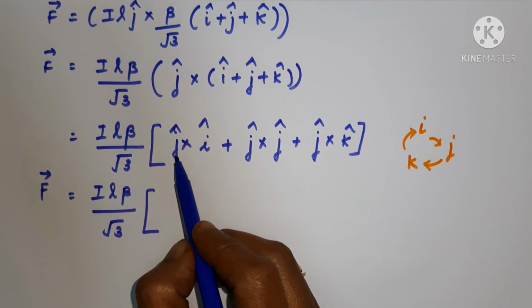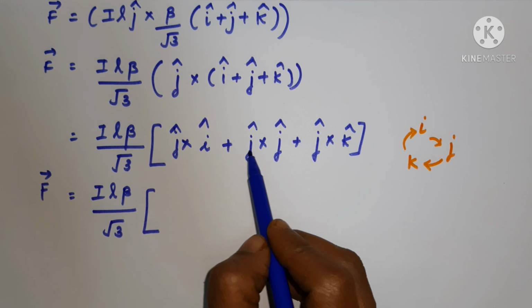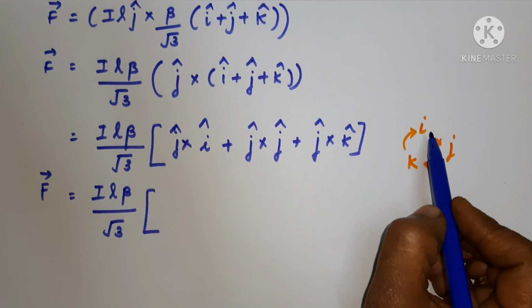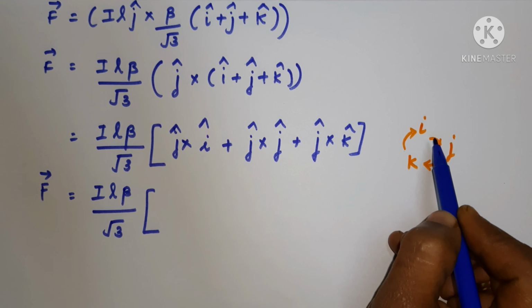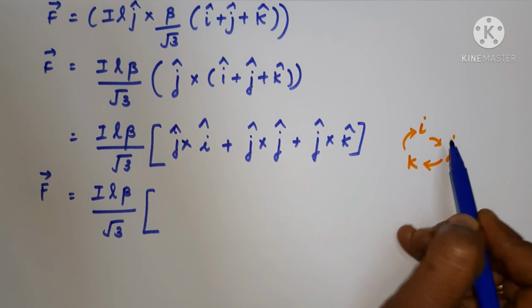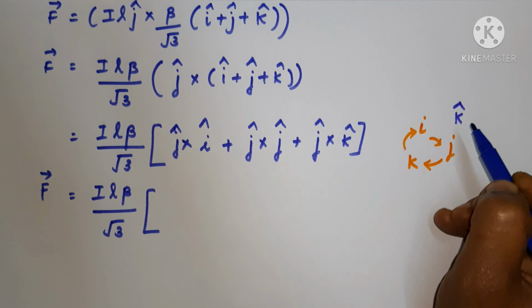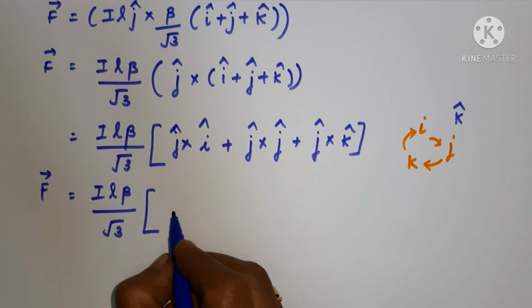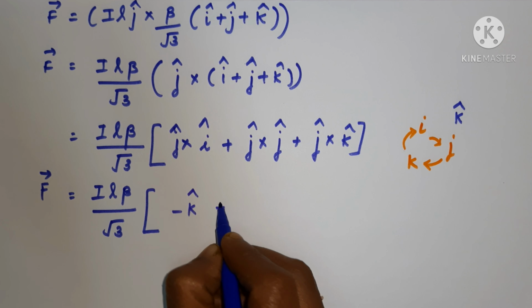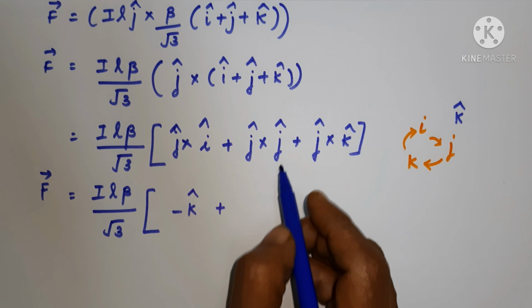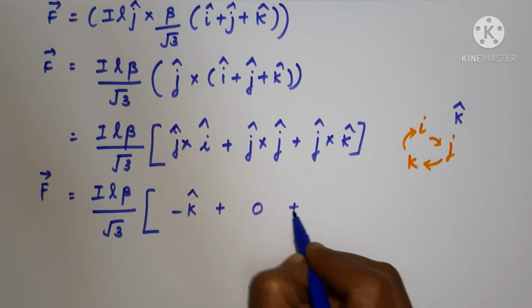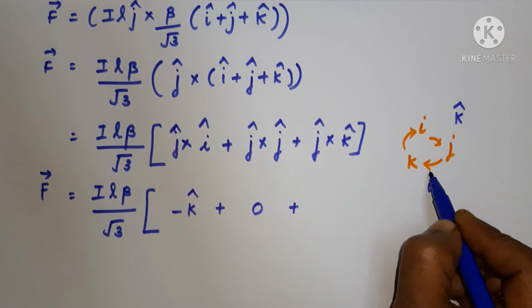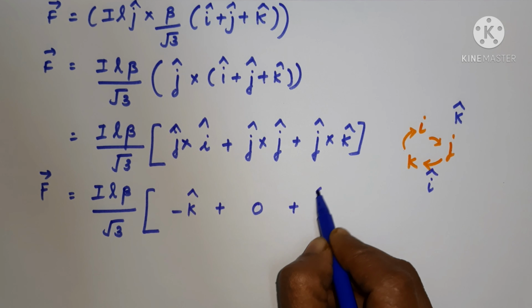We need to find here what is j cross i, j cross j and j cross k. Here we write i j k. i cross j is k cap. Since here we need to find j cross i, it is minus k cap, plus j cross j is 0, plus j cross k, it is i cap. So this is i cap here.